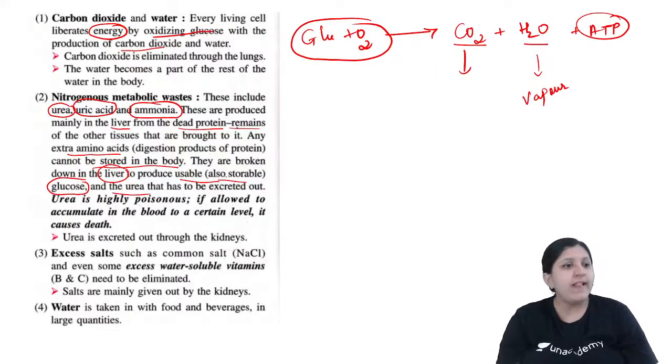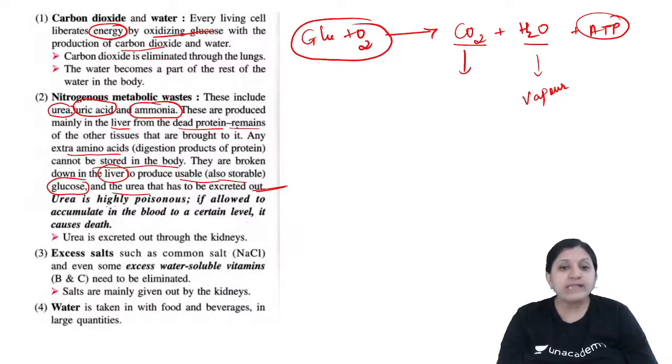And the other part, the NH2, will combine with H, that is a proton, and form NH3, ammonia. Urea has to be excreted out, so we will excrete this urea.